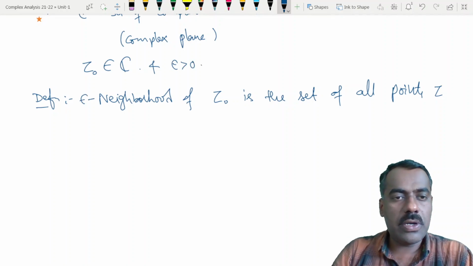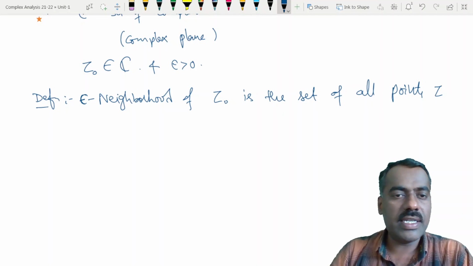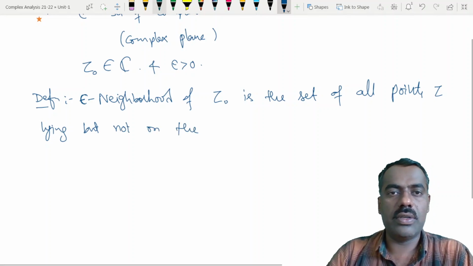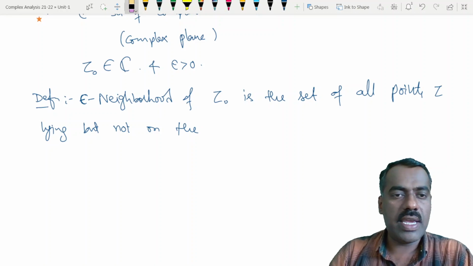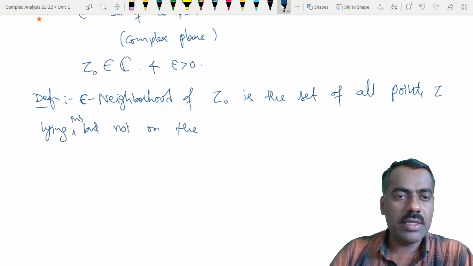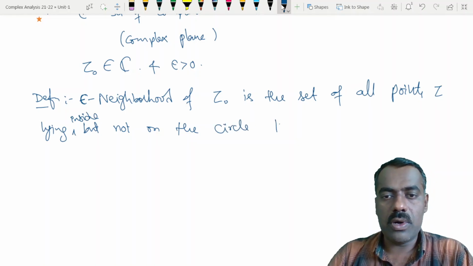So an epsilon neighborhood of z naught is the set of all points z which are lying inside the circle, lying inside but not on the circle mod z minus z naught is equal to epsilon.